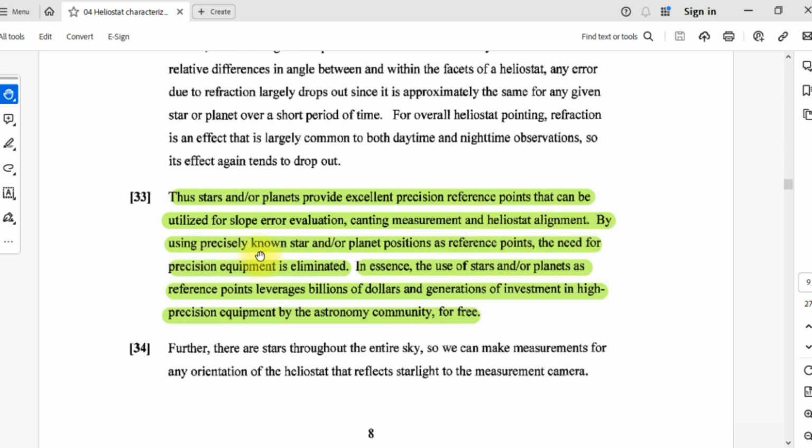By using precisely known star and planet positions as reference points, the need for precision equipment is eliminated. In a sense, the use of stars and planets as reference points leverages billions of dollars and generations of investment in high precision equipment by the astronomy community, for free. So the fact that stars do not change their position saves them a lot of money.